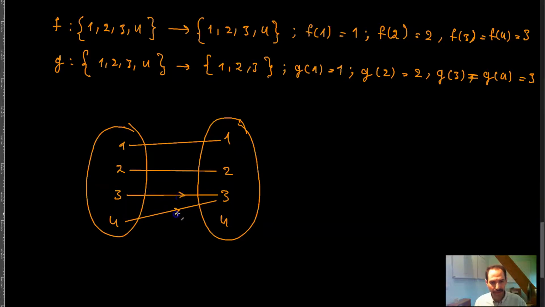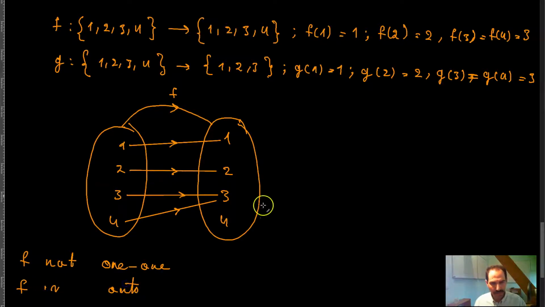As you can see, this is F, and F is not 1-1, and F is not onto. And then G is from this set to 1, 2, 3.